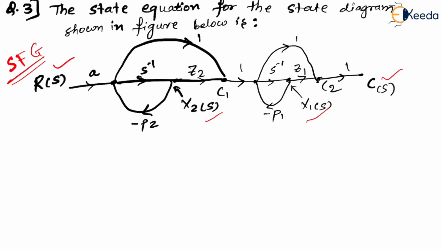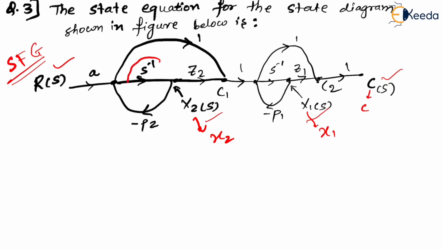Let me convert it into time. So if I am going to time, then this C of S becomes C of t, this C2 becomes C2, this X1 of S becomes X1, and this is X2 of S. Let me consider it as X2.